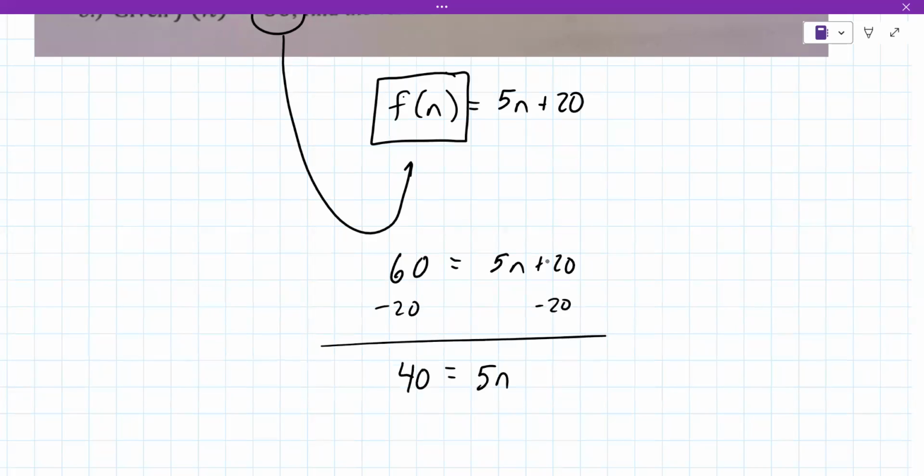And then would you divide by 5? Yeah. So what does n become? n becomes just 8 equals n. Yes. Okay. Good. n equals 8.